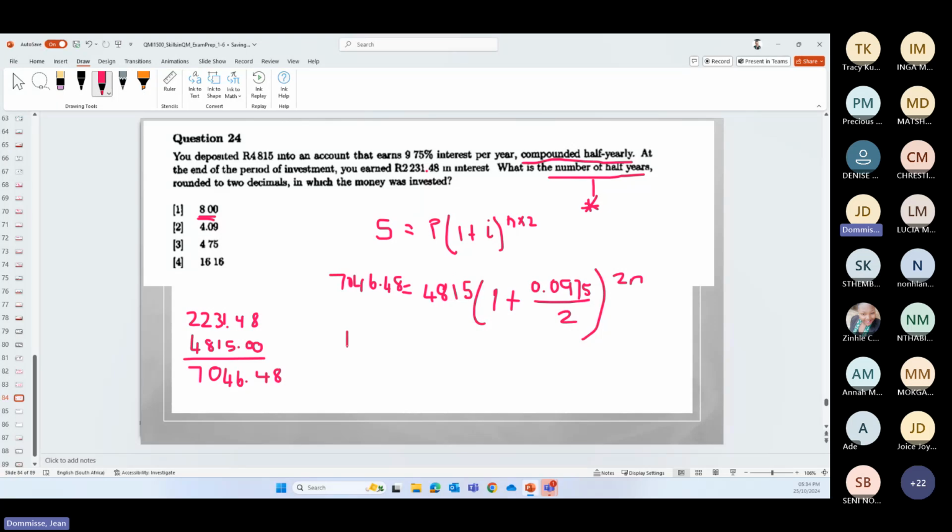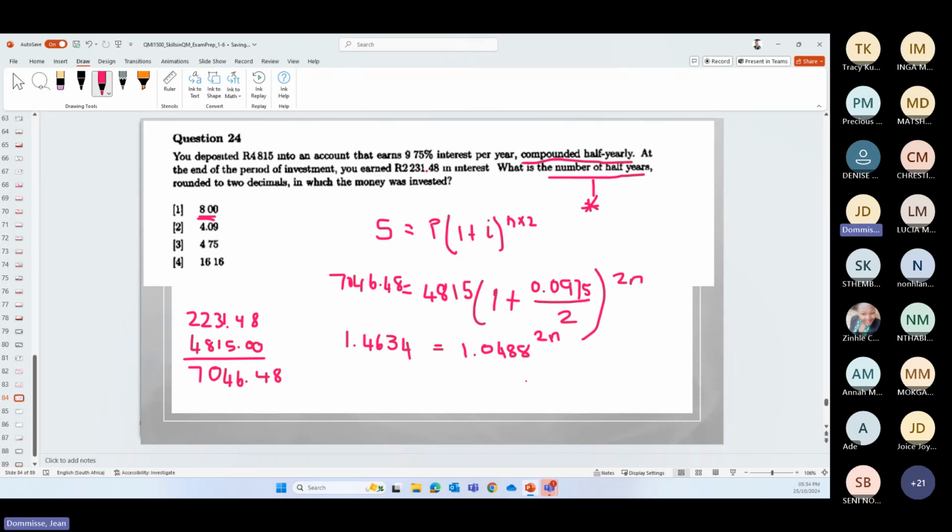So we will get on the left hand side 1.4634, and then on this side, let's just quickly work that out, 0.0975 divided by 2 plus 1 is 1.0488 to the power of 2n.